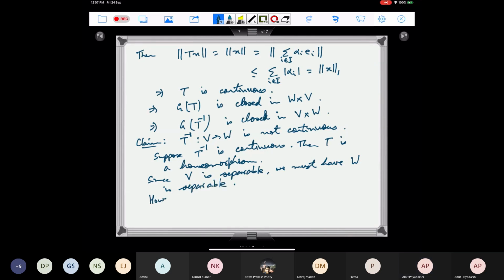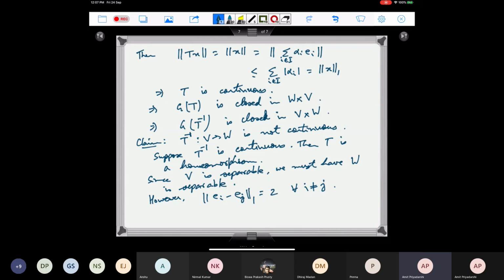However, if we look at norm of e_i minus e_j on W, so on W we have norm 1. What is norm of e_i minus e_j? This is equal to 2 for all i not equal to j. Right?